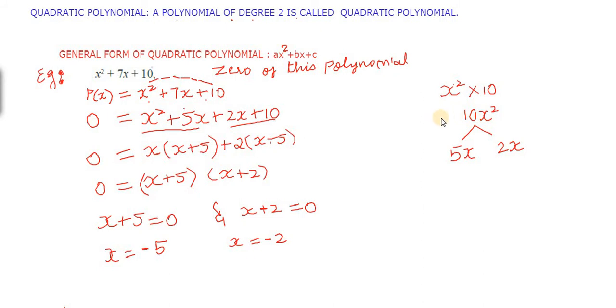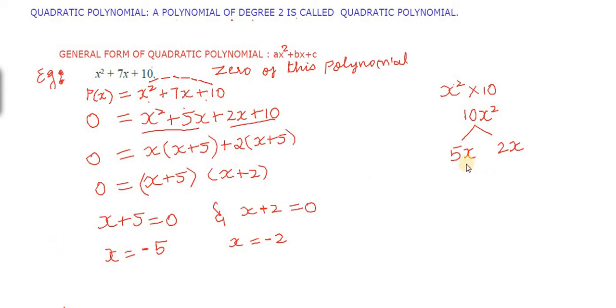So now we need to split. How to split? Here we have 10x square. We have to split it into two terms such that the product of those terms is 10x square and the sum of those terms is 7x. Which numbers can we get?